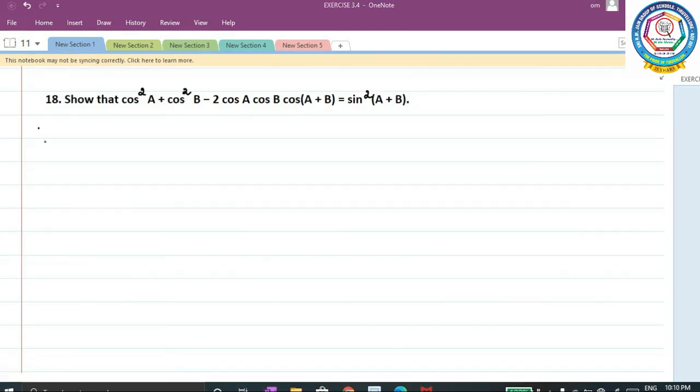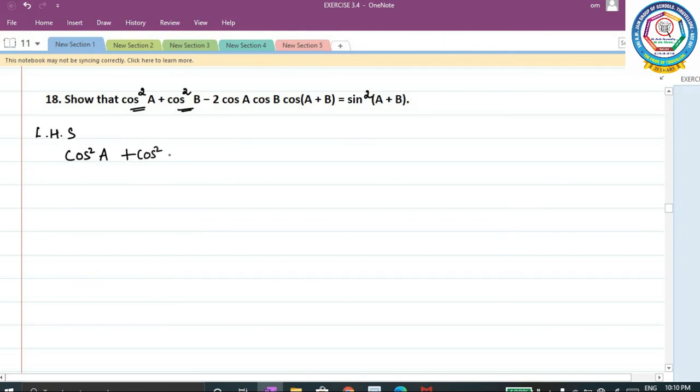Question number 18. Show that cos²A plus cos²B minus 2 cos A cos B cos(A+B) equal to sin²(A+B). Now I am going to take the left hand side. So at the left hand side, cos²A plus cos²B minus 2 cos A cos B cos(A+B).